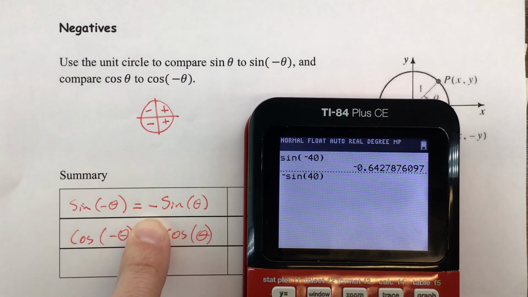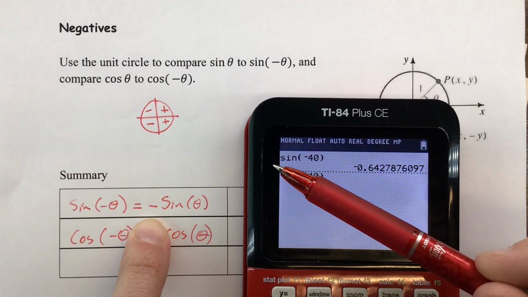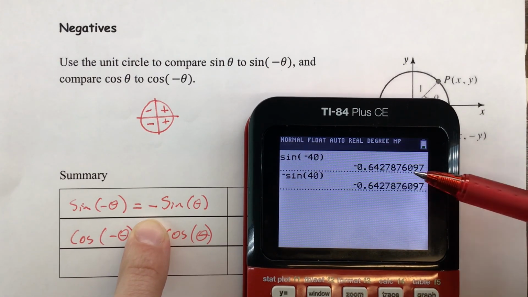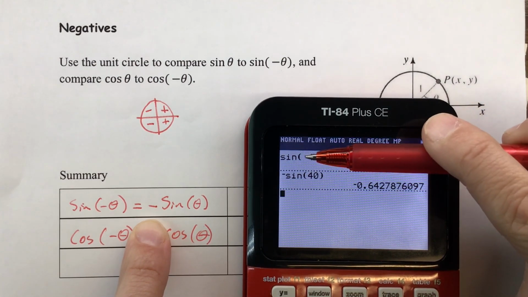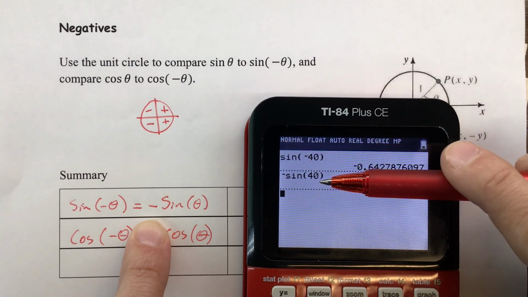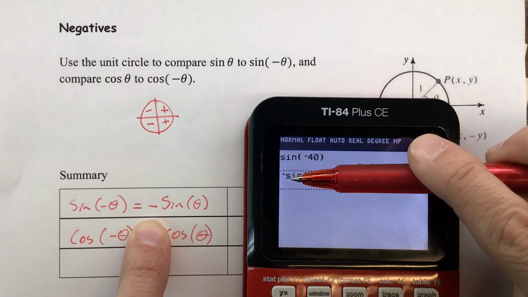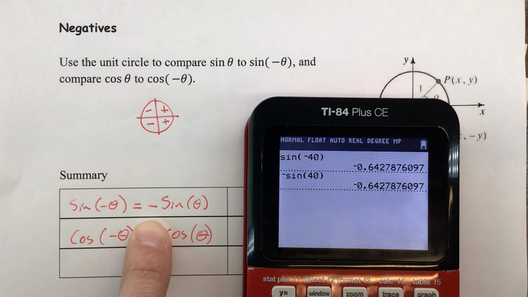So we're almost taking that negative and moving it out to the front. And these do evaluate to be the same. It shows us that if you have a negative angle in there, you can rewrite it with a positive angle and then just make sure you negate the whole thing. Just have a negative in the front.